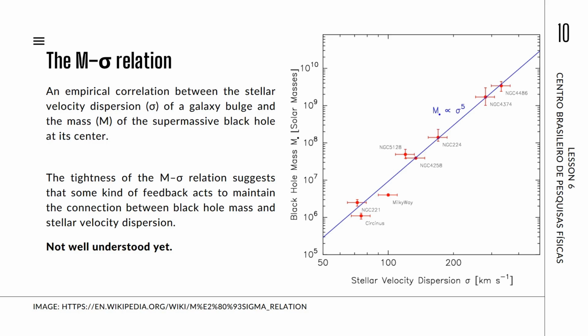Have you heard about the M-sigma relation? This is already disconnected, but I have to show you. Have you ever heard about the M-sigma relation? This is something you hear everywhere, not only in AGN physics, but in everything in extragalactic astronomy. You heard about it?